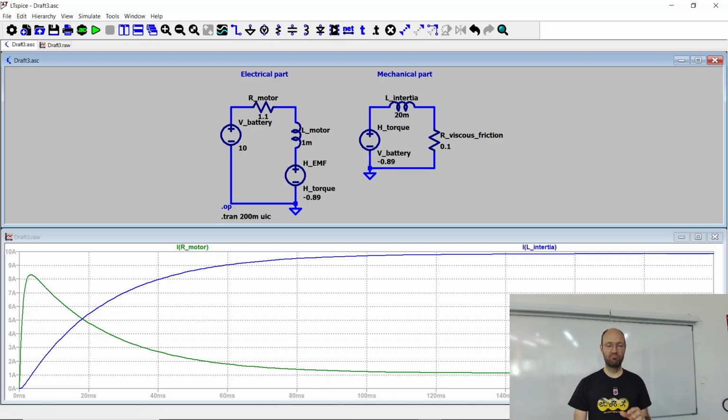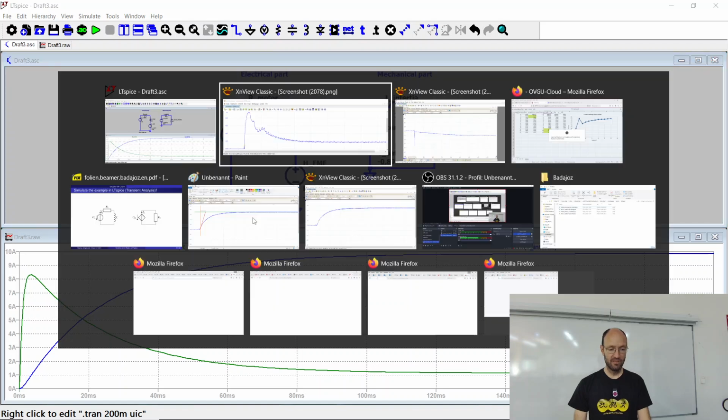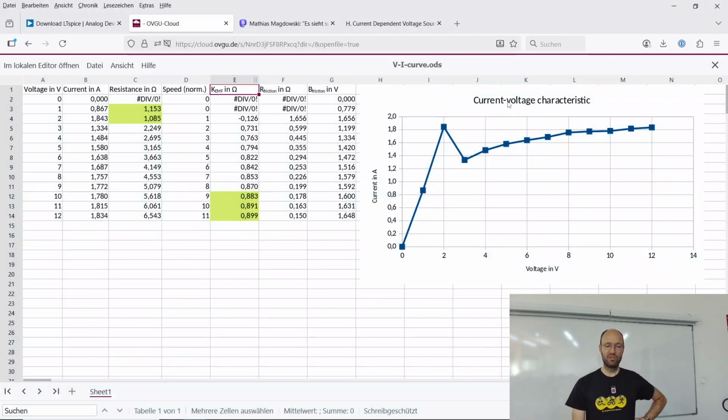Yeah, and so the last thing that we can maybe try to do with our simple model here is to simulate this current voltage characteristic that I measured here with the support of Alejandro. So this was the steady state, no transient. And we changed the source voltage and looked at the current.